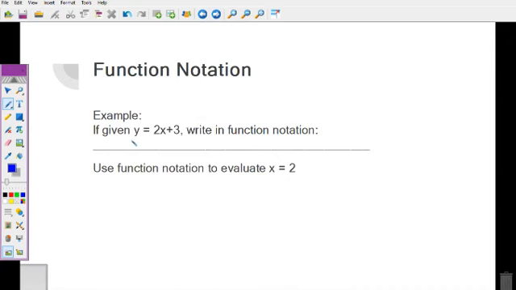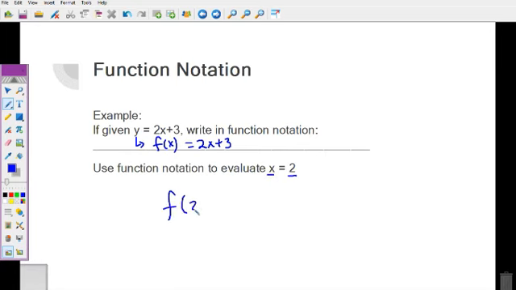So here we have this equation. It says y equals 2x plus 3, and we want to write it in function notation. So literally, all I'm going to do is substitute the y with f of x, and nothing else is changed. f of x equals 2x plus 3, okay? Then you use function notation to evaluate that. When I'm evaluating with function notation, where x used to be, it's going to become a 2.